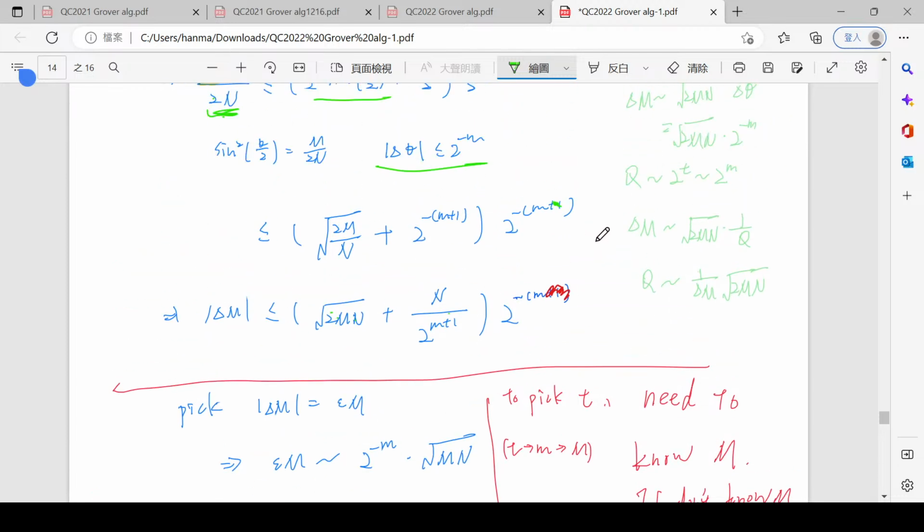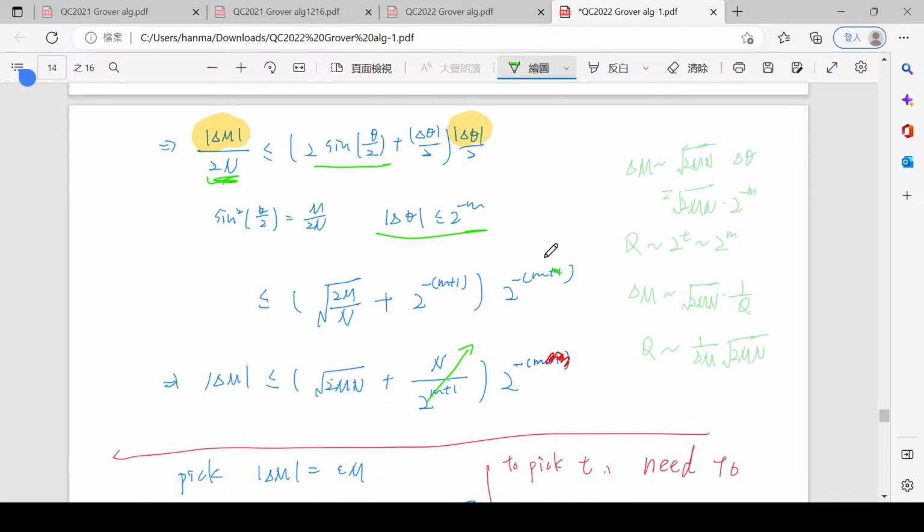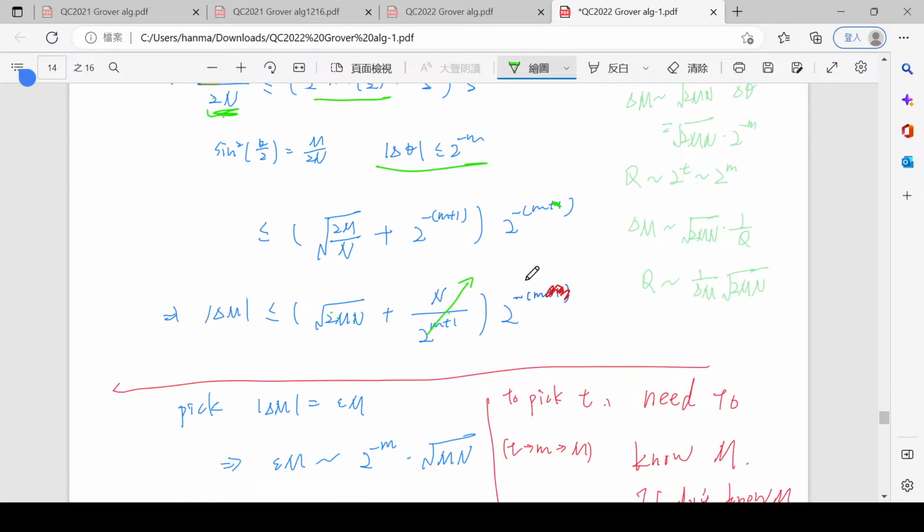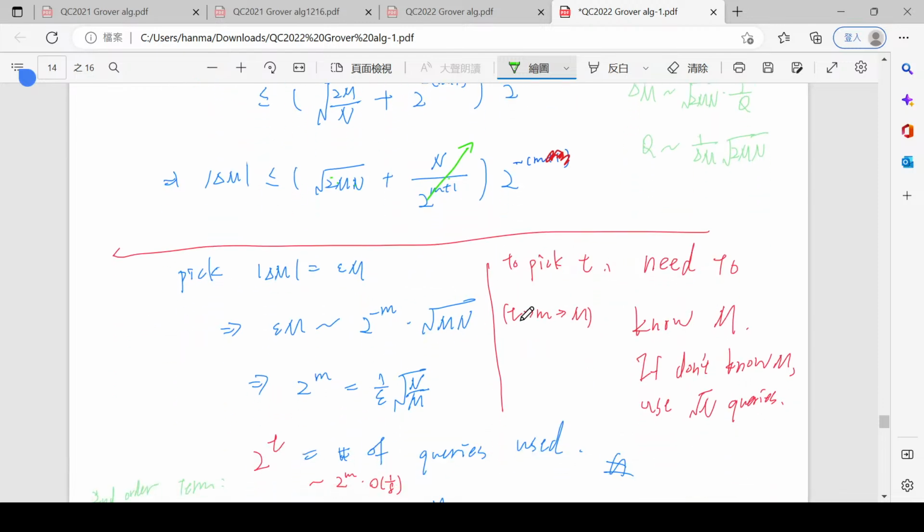So that's the result. And you see that this term has another 2 to the minus n, so usually this term is much smaller, but it's annoying.